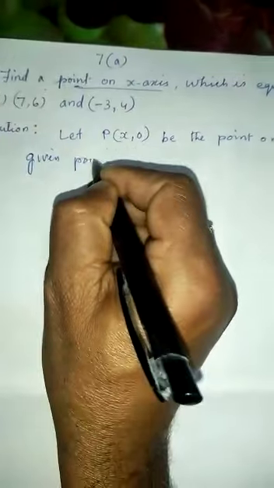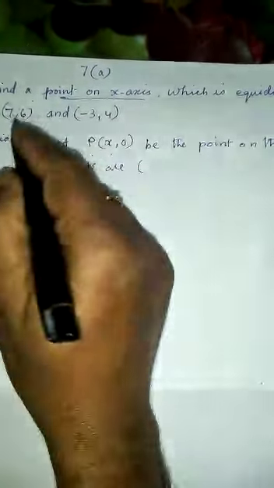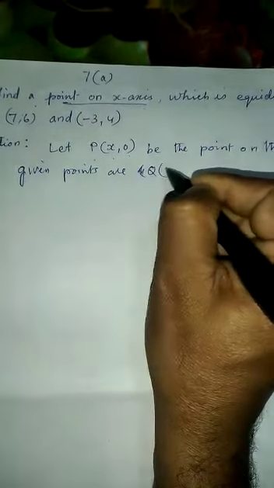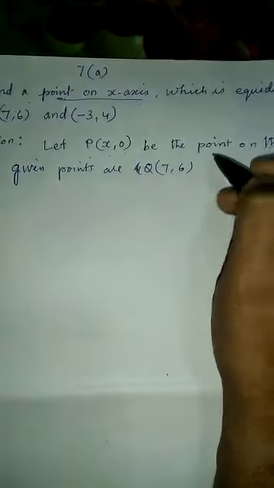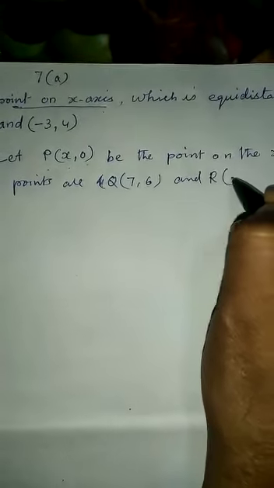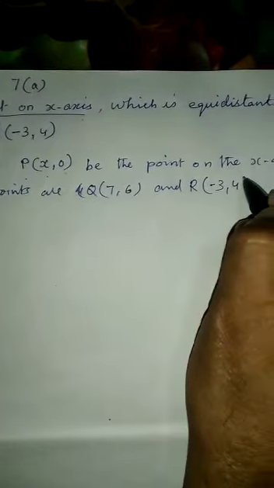Given points are Q (7, 6) and R (-3, 4).